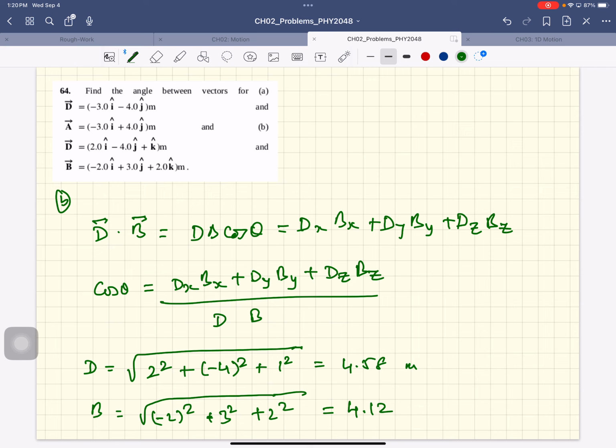All right, so now we have found the two terms in the denominator, and now we'll do the numerator.